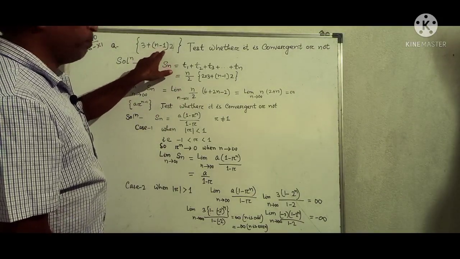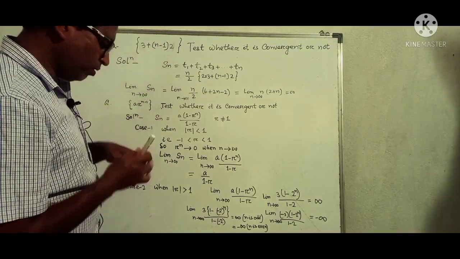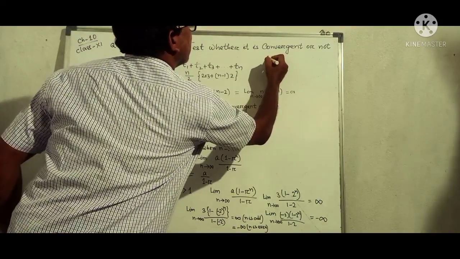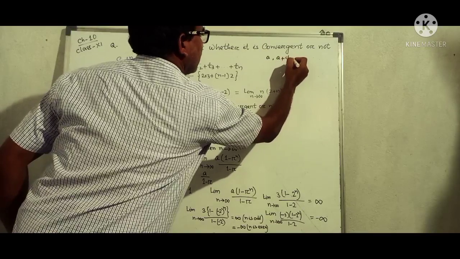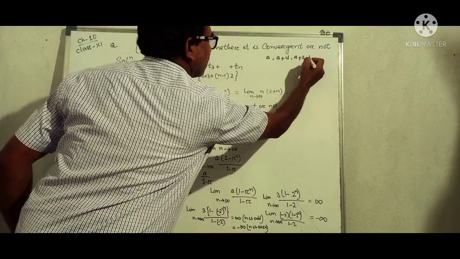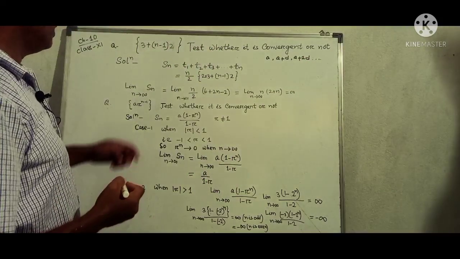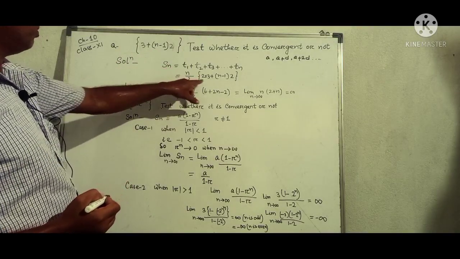This is an AP form, arithmetic progression: a, a plus d, a plus 2d, like this. So Sn is equal to this.